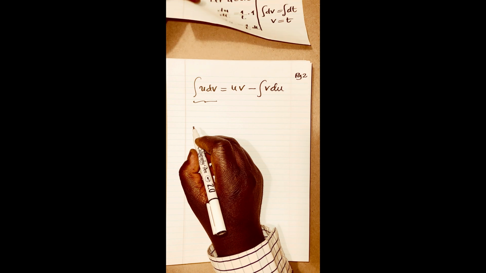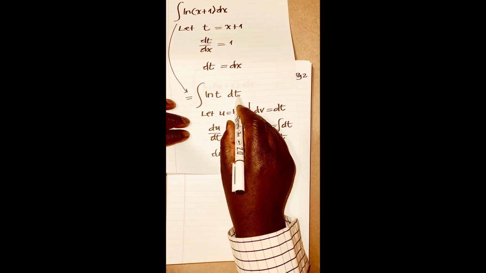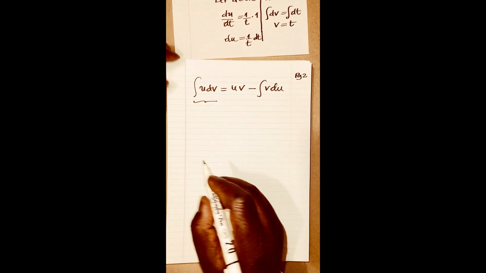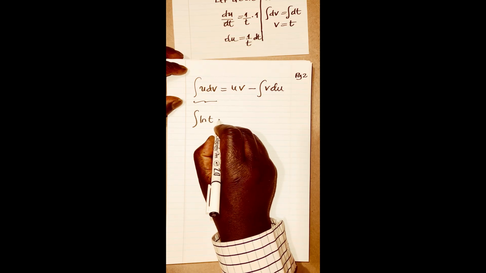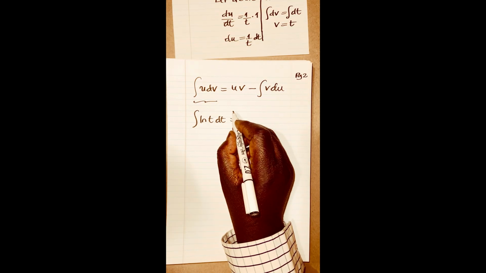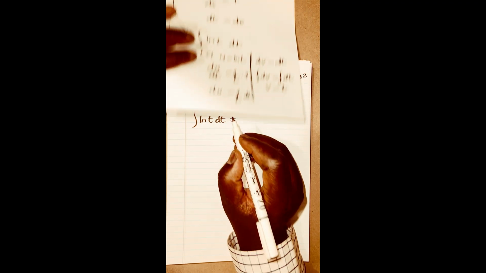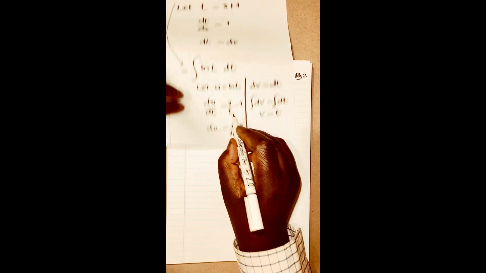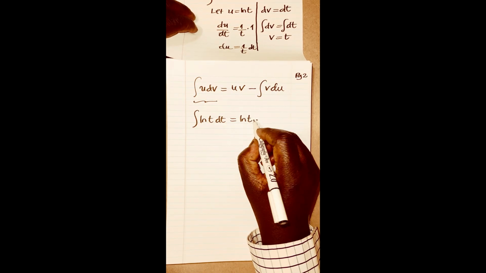Now notice that this part here is basically, according to our case here, the natural log of t. There, that's your u. You can see it here. And dv is going to be dt. So we are basically saying this is the integral of natural log of t dt will be equal to, what is u? Well, if you check, u is the natural log of t over here. So I'm going to have natural log of t times, what is v?